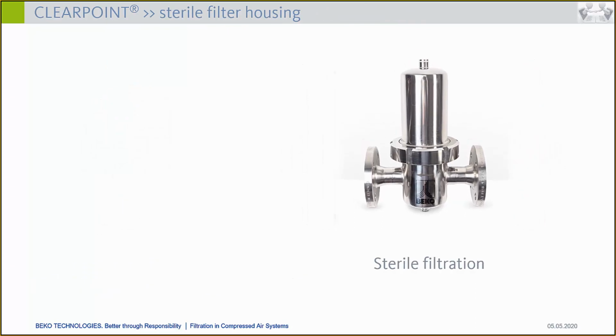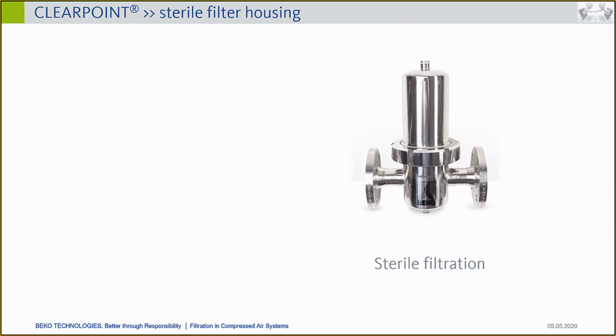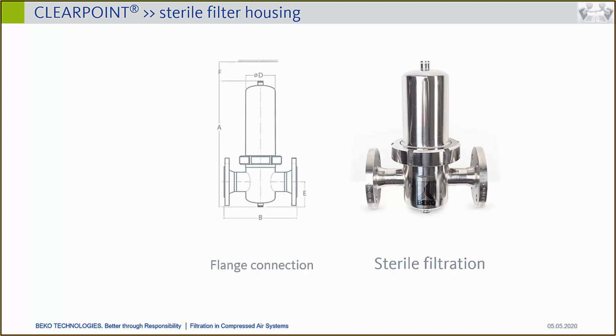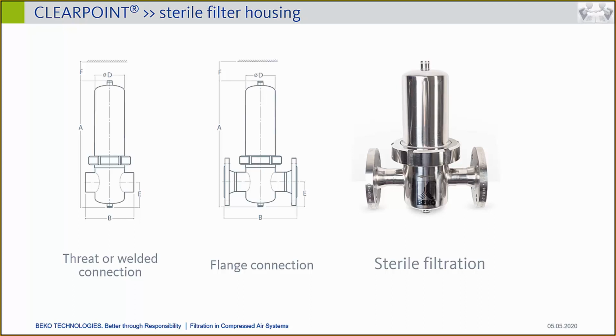And if you look on the filter housings, we have different versions available. One is the flange connection, and the two others are the threaded or welded connections. So these are the two design options on the filter housings we have here included.